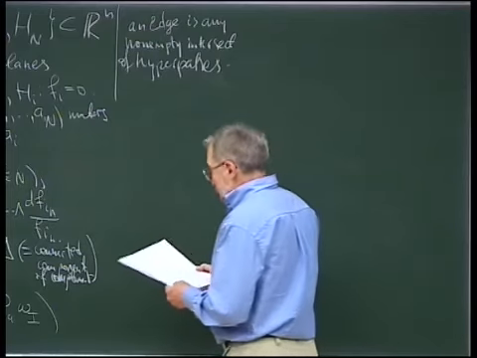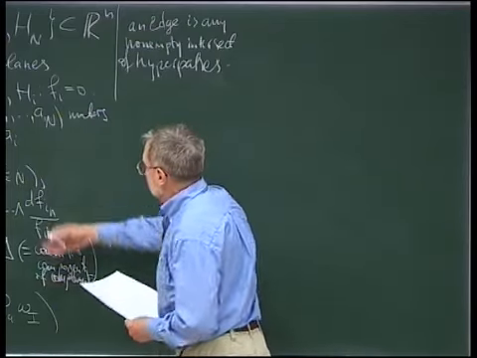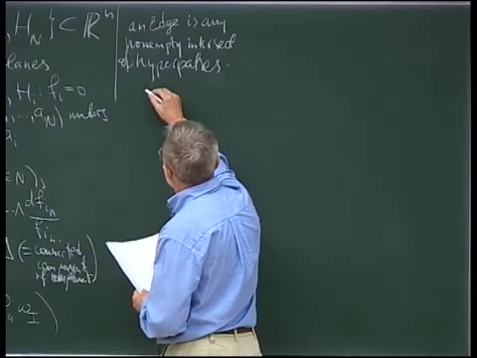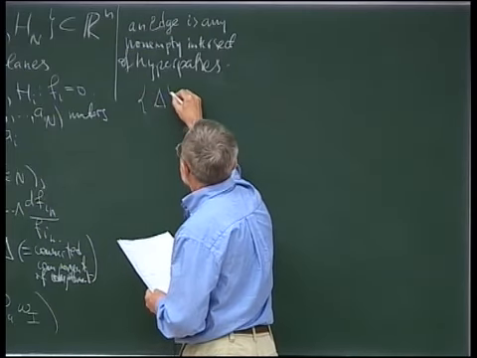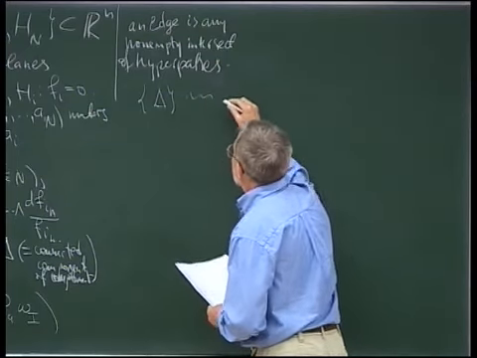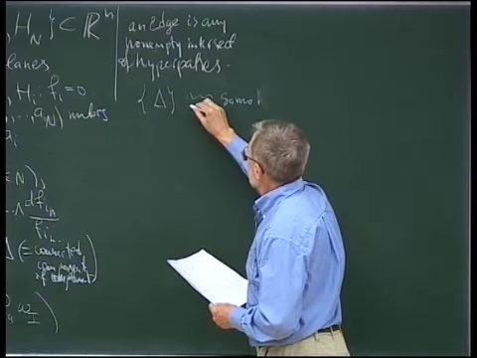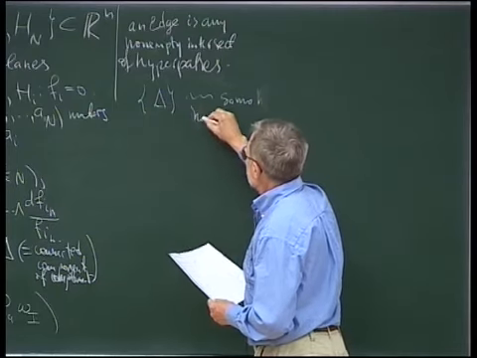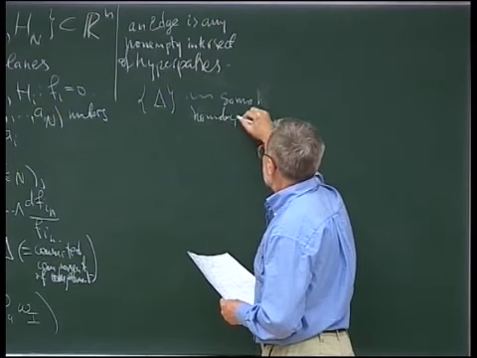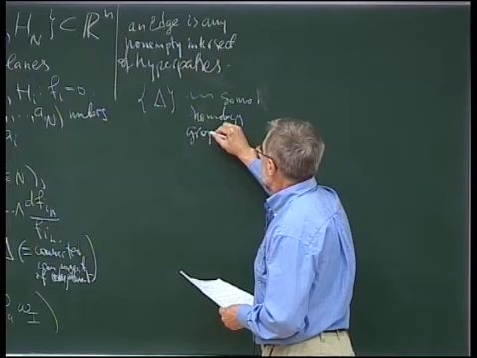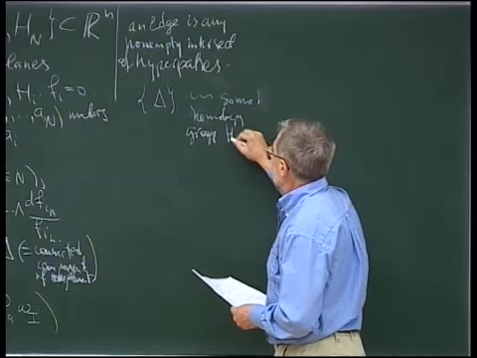Now, in this object, we will have the following. We will have these deltas, and we will interpret them as some homology group, Hn.